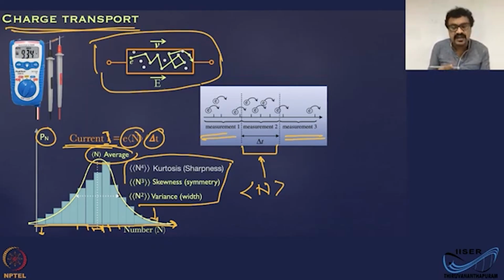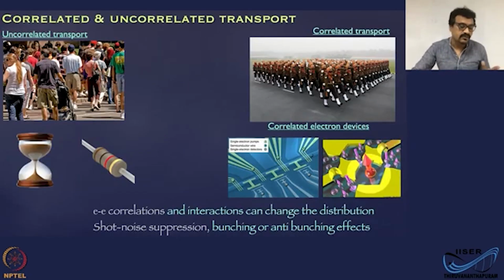And these higher moments have a lot of importance when you consider lower dimensional systems, where electron-electron phenomena such as interaction and correlation are actually missed when you measure only the current.